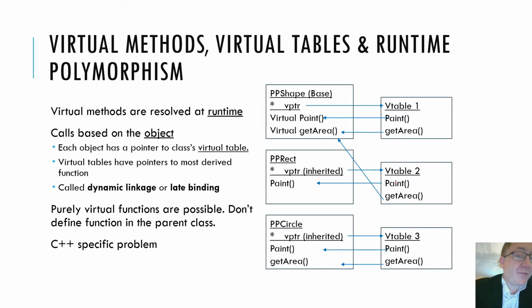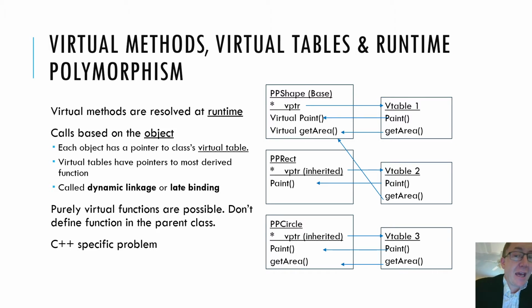Oh, paint was defined over here, and it finds it for me in the rectangle class. It figures it out when I call the function, not when I'm compiling, but at the very last second. This is why it's dynamic linkage or late binding. It figures it out when I'm running the code.